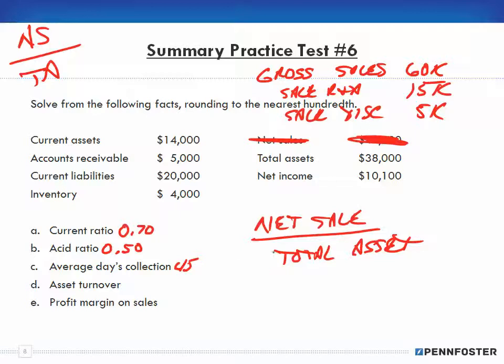If that's how my data was presented and I'm memorizing the formula, I'm not able to find my net sales. I'm just trying to plug and play numbers, trying to mimic it. But by understanding the concept of what a net sale is, I know that I take the 60,000 and subtract the returns and allowances and the discount to get 40,000 as my net sales, which is what I now plug into the formula. That's all because I understand the concept instead of memorizing it.